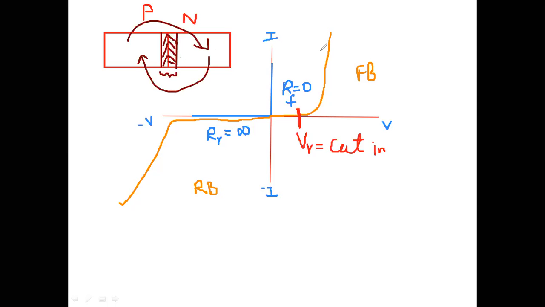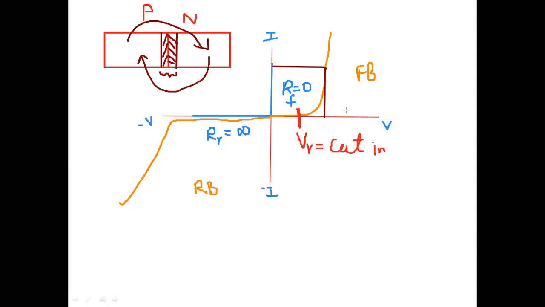If we draw the characteristics of a diode and take any point on the graph, mark the voltage at that point and the current at that point.